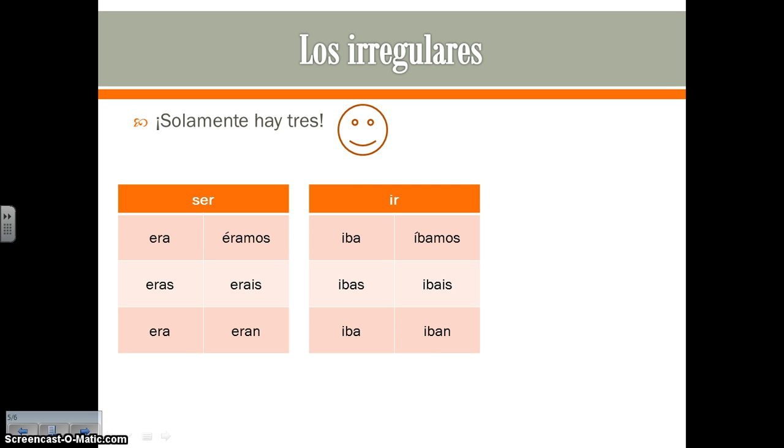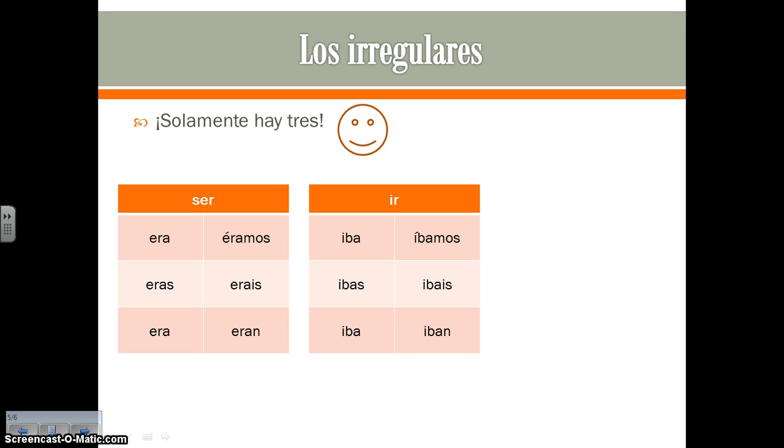Our verb ir is irregular in the imperfect tense. Iba, ibas, iba, íbamos, ibais, and iban. Again, our yo form and our él, ella, and usted form are the same, and there's an accent in the nosotros form. I always remember that iba goes with the verb ir because they both have an I in them.